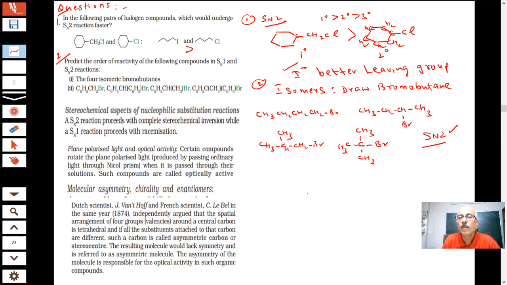What is the answer? What is this carbon? 1 degree.